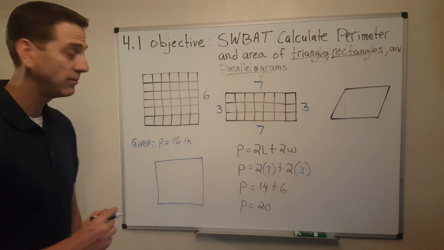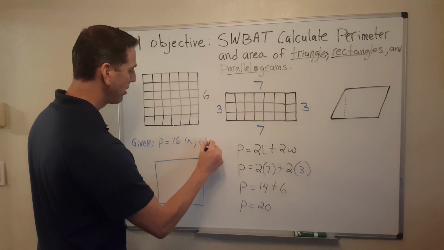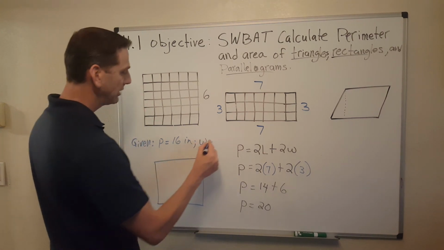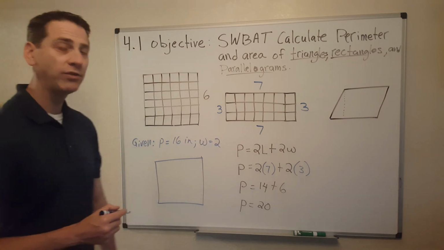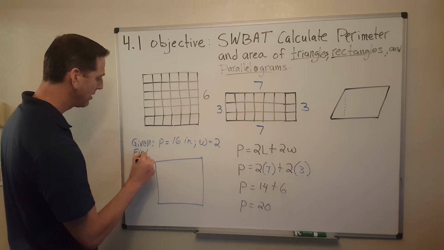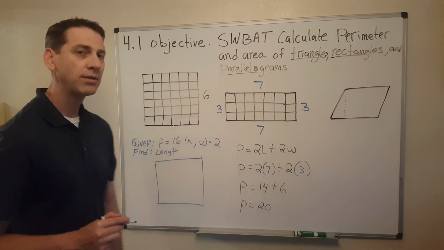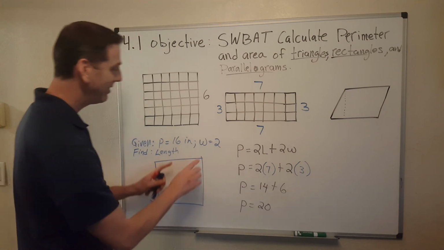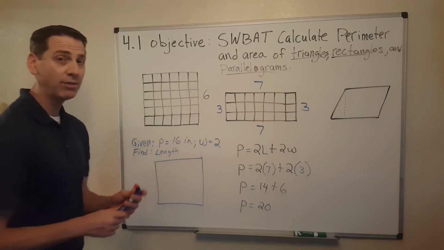They give you the perimeter. And they say, hey, the width is, let's call it 2. The width is 2. Okay. Find the length. So in this case, they give you the width, but they don't give you the length. But they give you the perimeter.